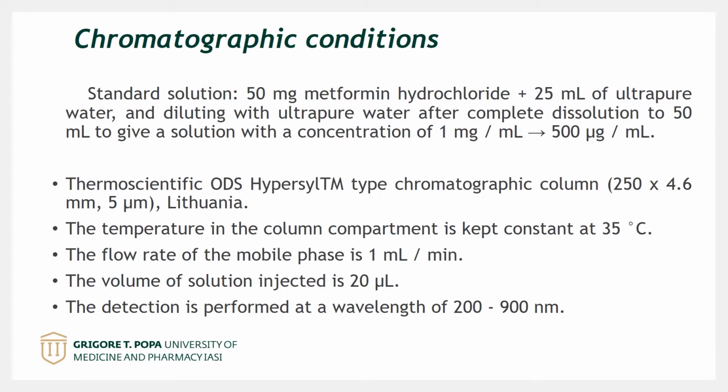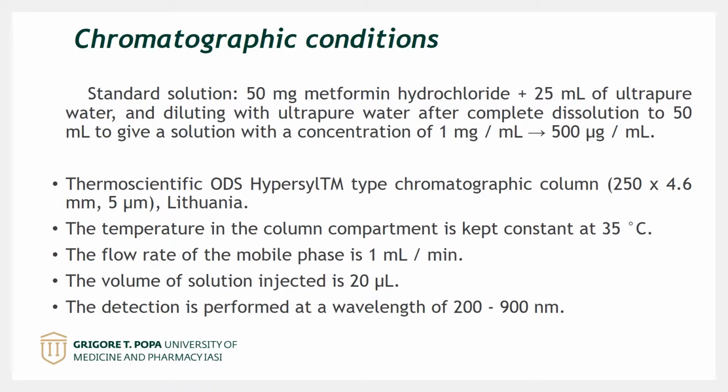In the literature consulted, we noticed the use of the HPLC analysis method for the qualitative identification and dosing of the active substance content for oral anti-diabetic molecules, from dosed solid pharmaceutical forms.